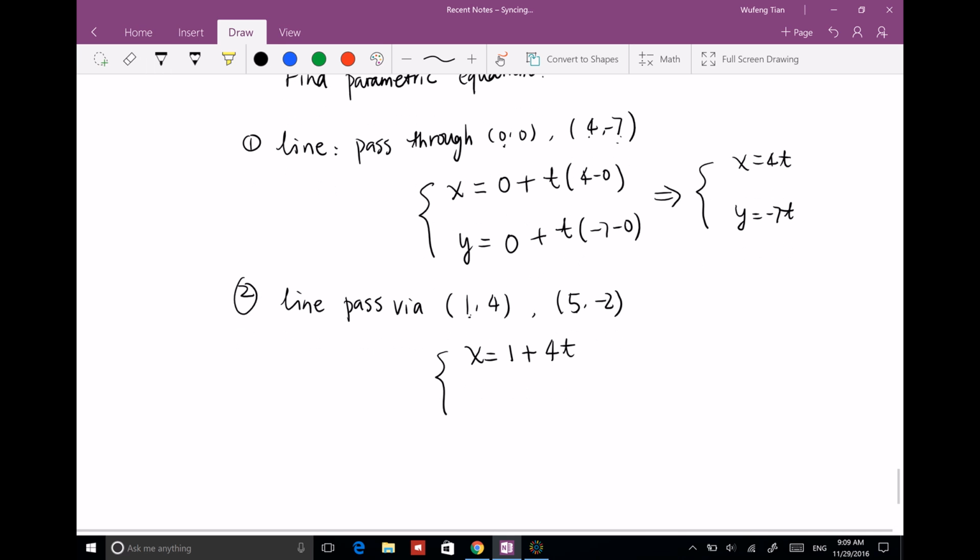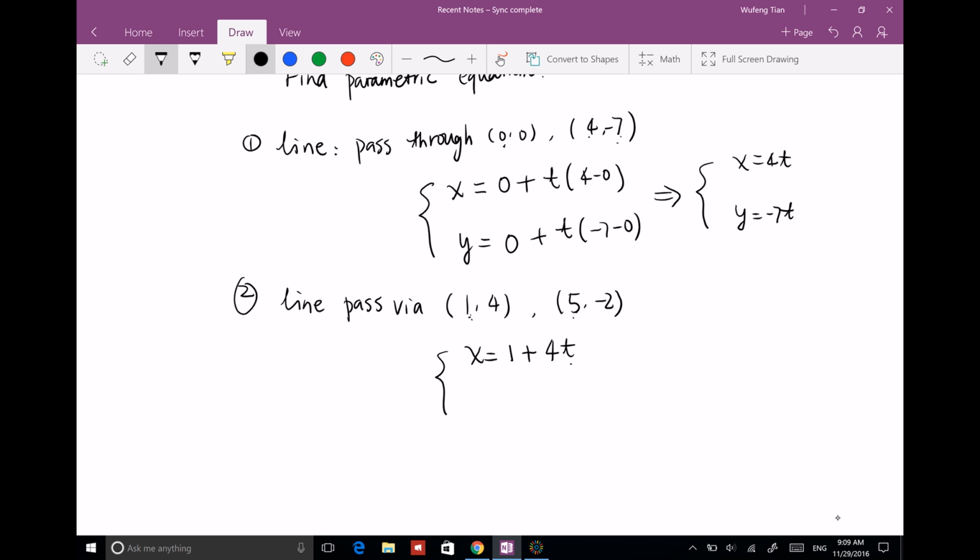Okay, we don't know what t is, but there is a t rate for that change of x. So 5 minus 1 is the change of x, and t is the ratio. Okay, so a function of t.